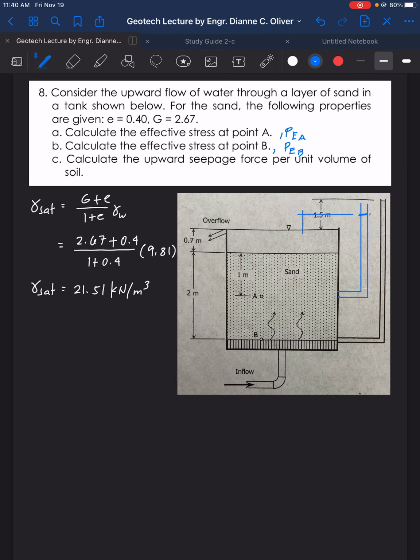Let's put here H, and then this is H sub A. Alright? So how do we get the value of that? We can use the entire system.